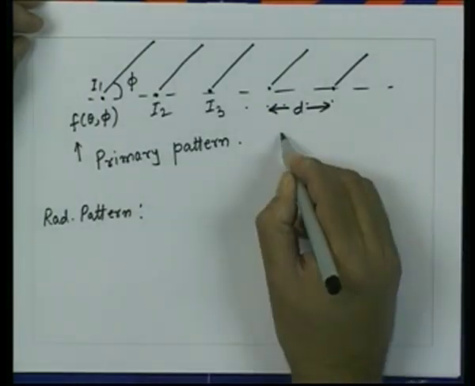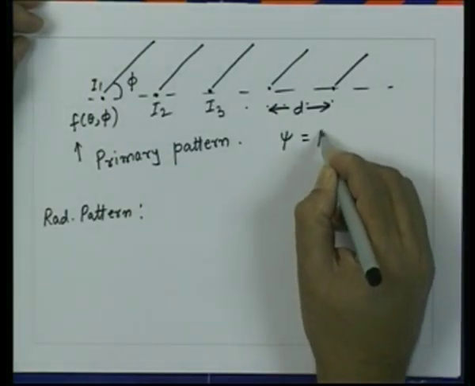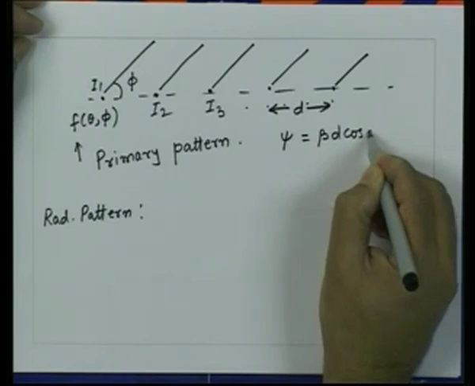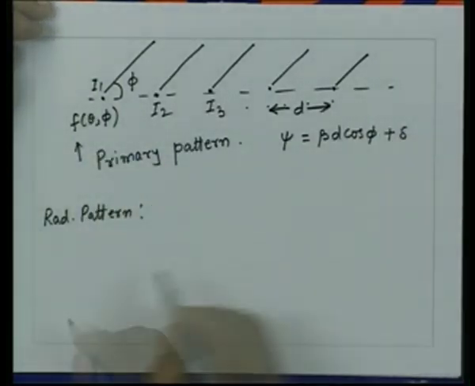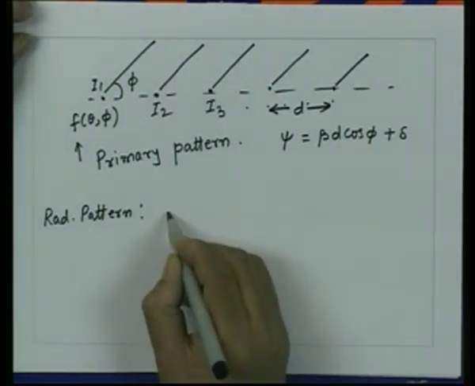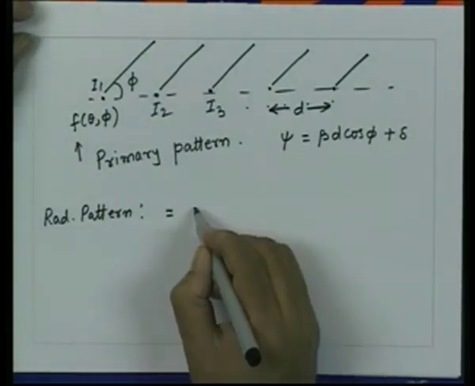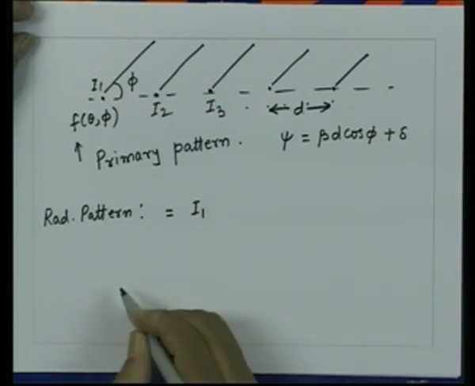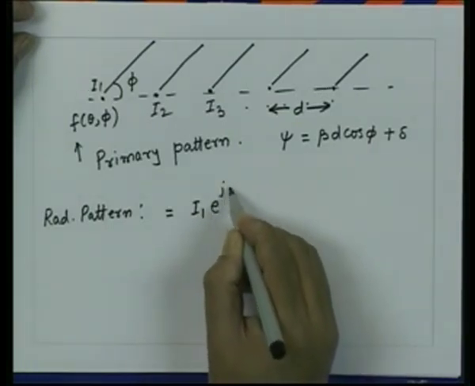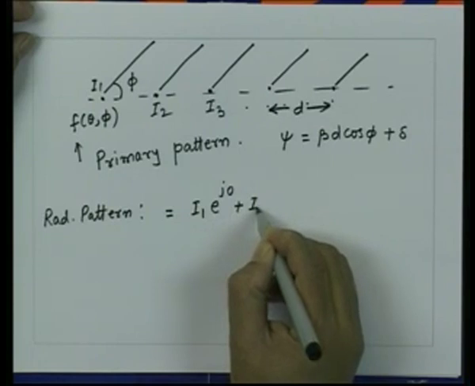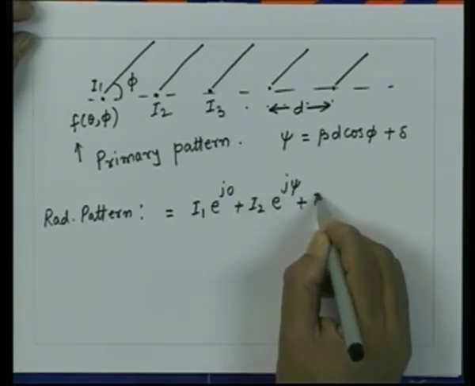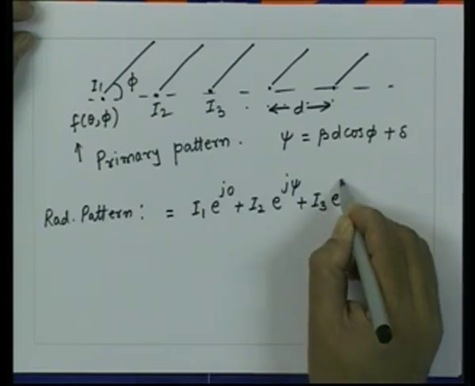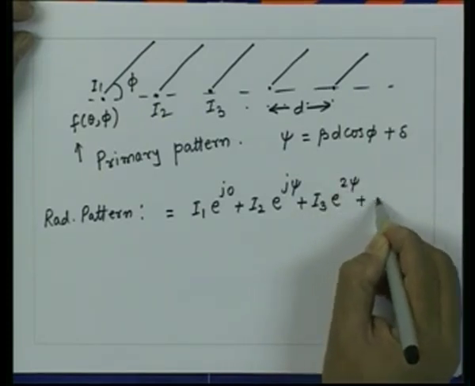Then we define this quantity psi, which is beta d cos phi plus delta, and the array pattern as we discussed is equal to I1 e to the power j 0 plus I2 e to the power j psi plus I3 e to the power j 2 psi plus and so on.